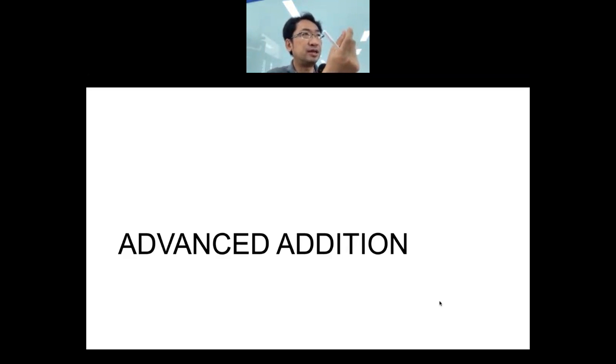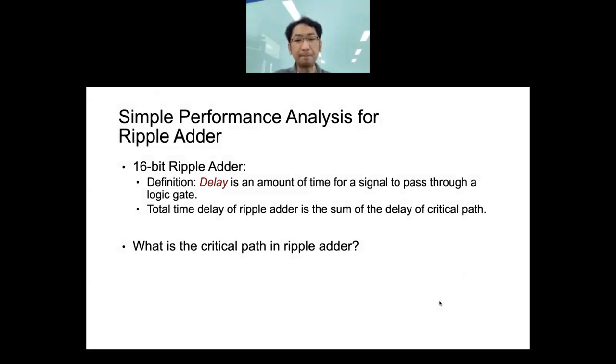But by putting more frequency to the CPU, we hope that the CPU can run faster with the same circuit. But today we are going to discuss what happens if we make the circuit better. How can we make the adder faster with the same clock, with the same speed, with the same frequency?